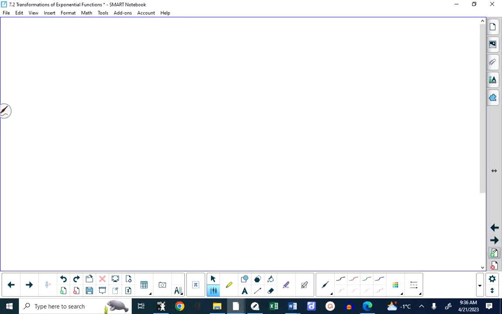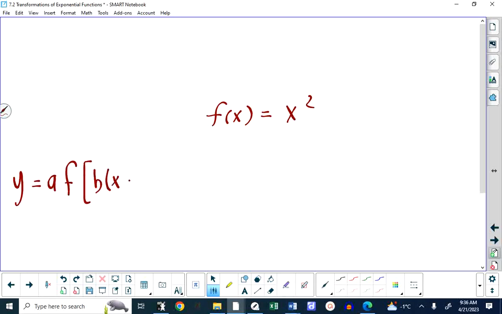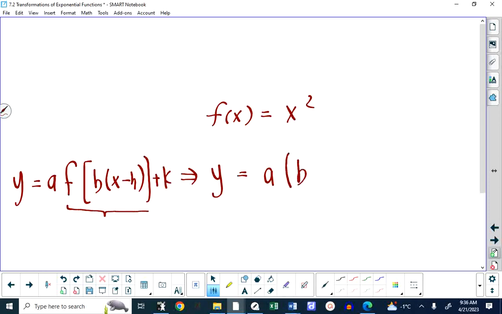If I said f of x is x squared, and I want to determine what y equals a f of b bracket x minus h plus k is, it will be y equals a times, well, f of b times x minus h would be b times x minus h squared, plus k.